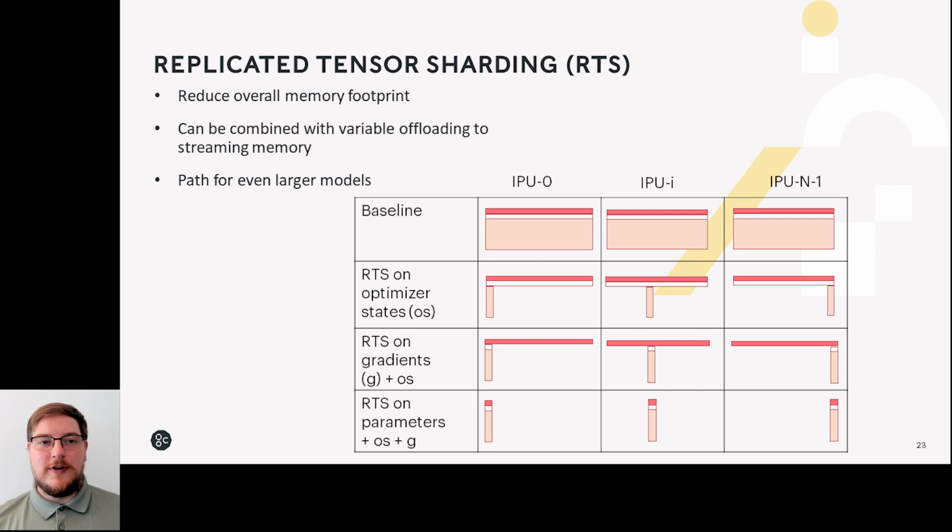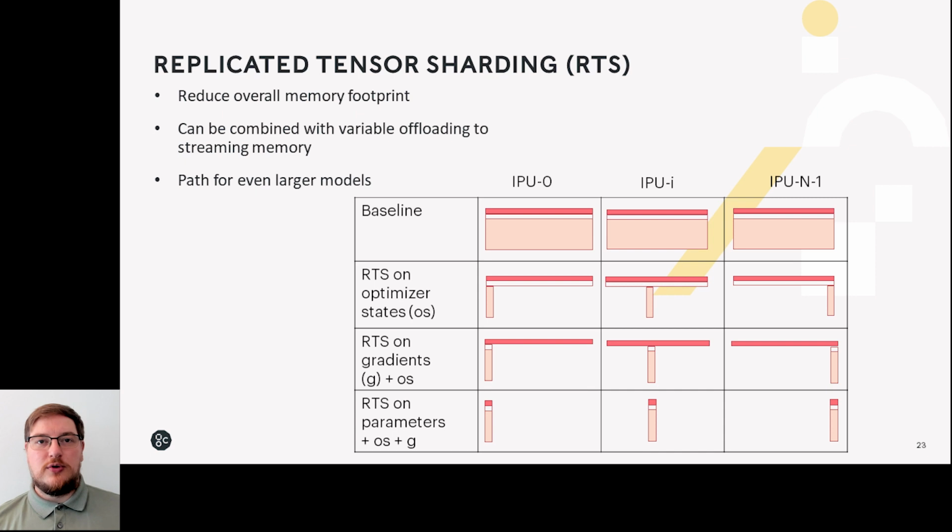Another important software feature is replicated tensor sharding, or short RTS. We use it to reduce the overall memory footprint. It can be combined with variable offloading to our streaming memory, and it's our path for even larger models. So how does it work?